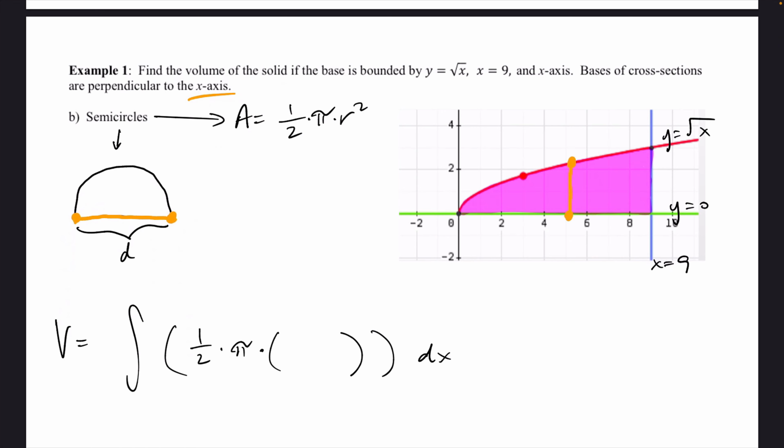We don't want diameter. I want a radius. So the diameter equals 2 radii. If I solve for r, r equals 1/2 of a diameter. So I'm going to plug this in here for r.